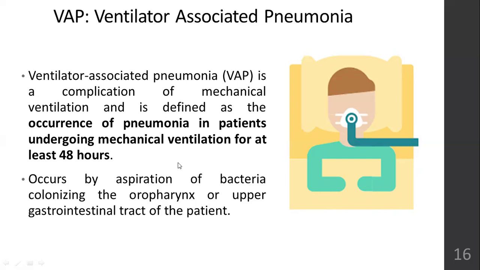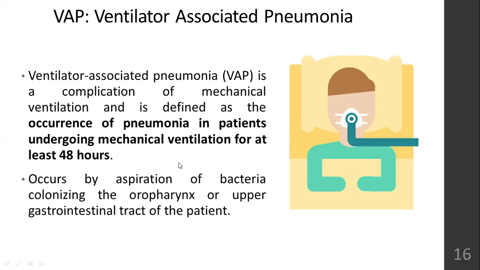So how does it happen? Usually it happens by aspiration of bacteria that you will find in your oropharynx area. There are certain bacteria that the person may aspirate. It goes into their trachea.